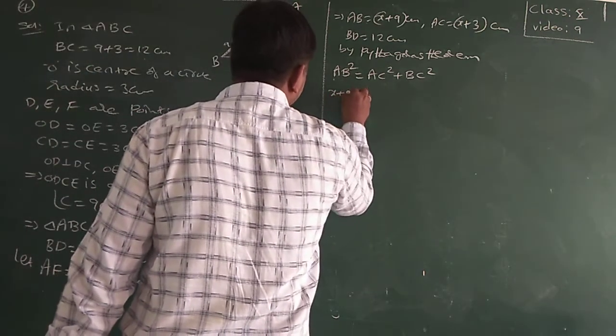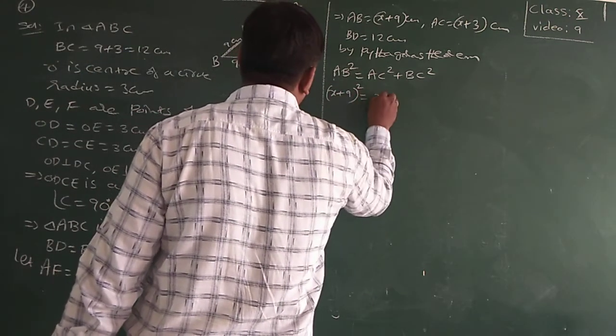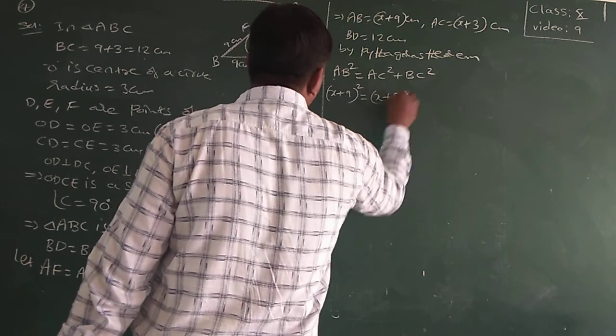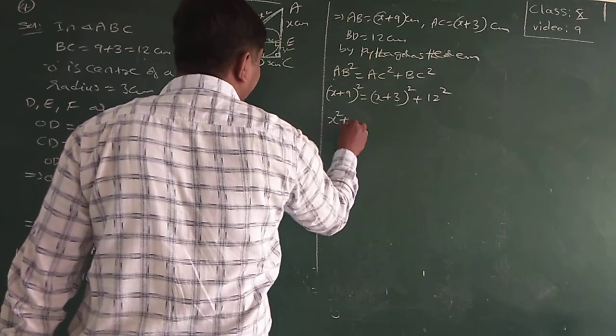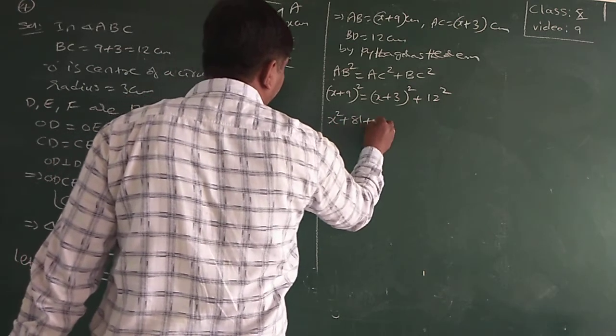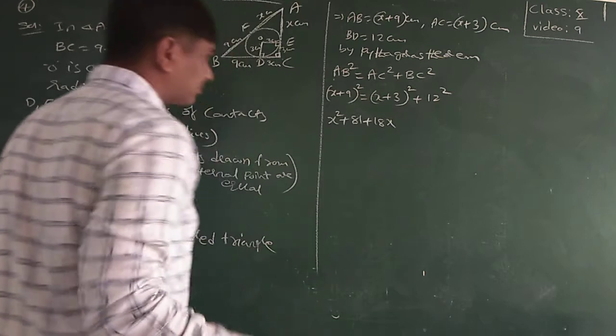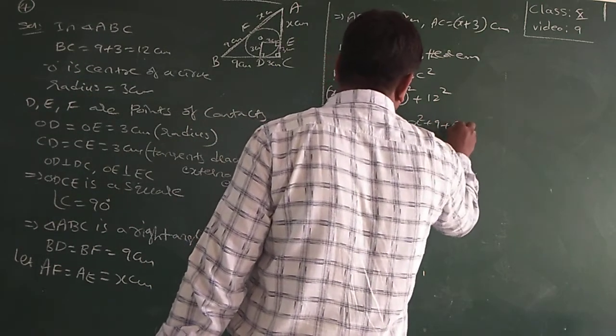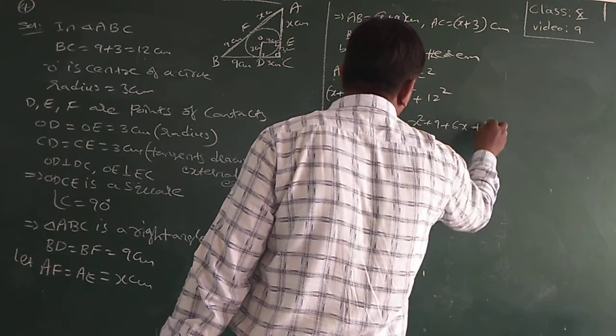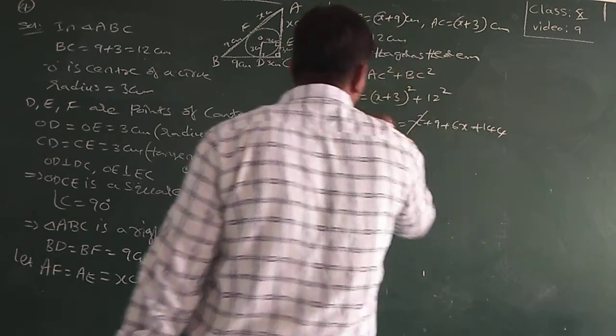So (x plus 9) whole square is equal to (x plus 3) whole square plus 12 square. Now using (a plus b) square is a square plus b square plus 2ab, x square plus 81 plus 18x is equal to x square plus 9 plus 6x plus 144. X square cancels.